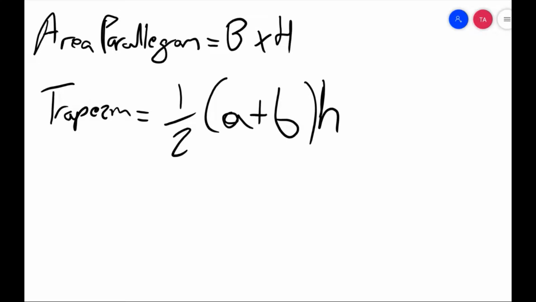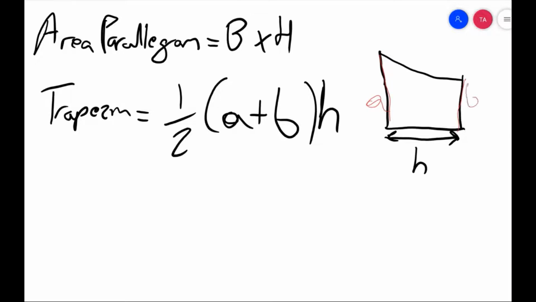If I have a trapezium here and I label the sides, the height will be the distance between the two parallel sides. So if I say that these two are the parallel sides, this is A, this is B. The height will be the distance between them. So you can add A and B to find the area for the trapezium.